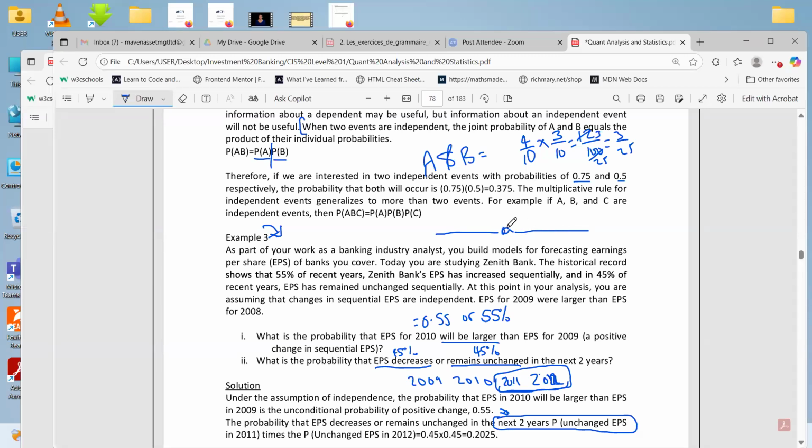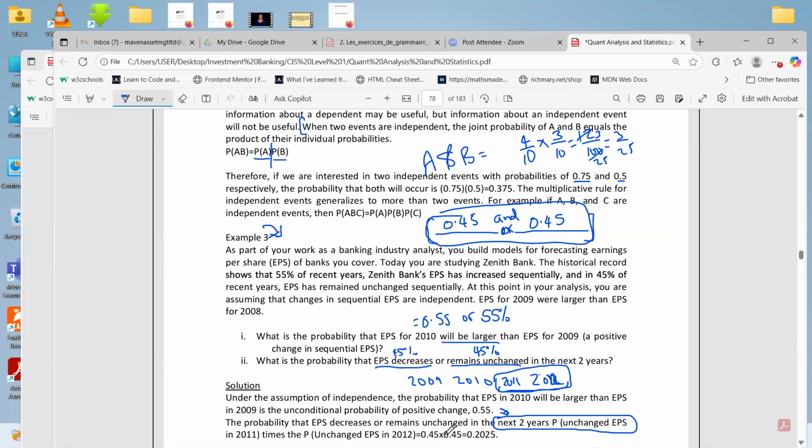You know, the question said or, right? But we're looking at it within a 2-year frame, so we'll be taking them both together. That's why I'm looking at the probability of EPS decrease, which is 0.45, and the probability of EPS remaining constant, which is 0.45. Both of them have to go together. So that's what I'm thinking.